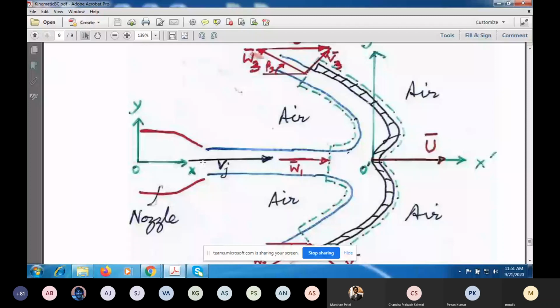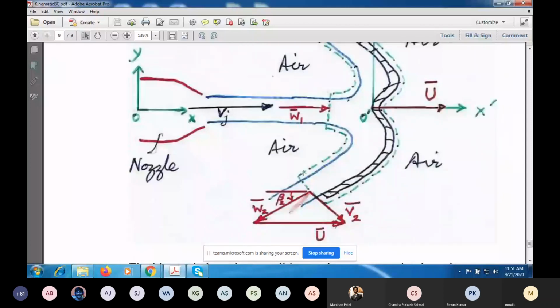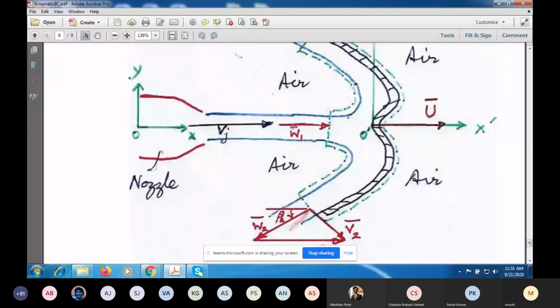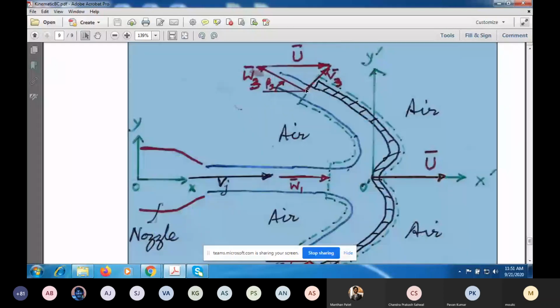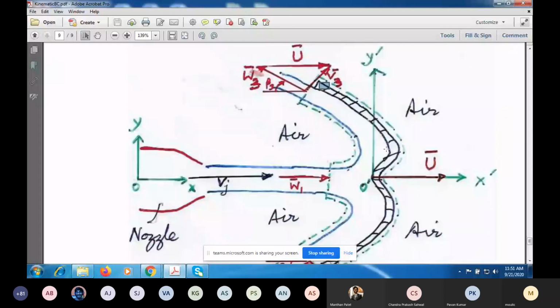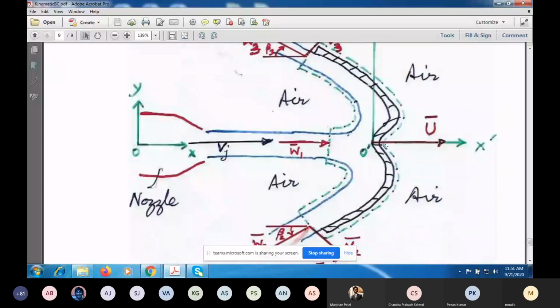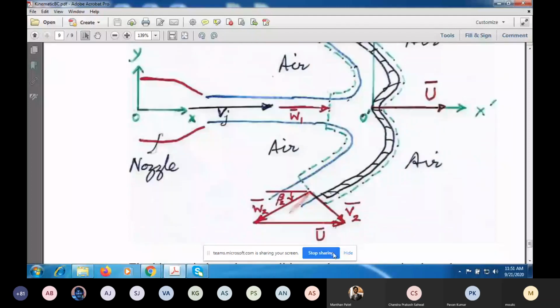And the magnitude of W1 will be Vj minus U. Now, the fluid particles will move in a curved streamline here because this curved surface of the bucket is a stream surface, so it is a streamline. And you can draw another streamline in between over here.